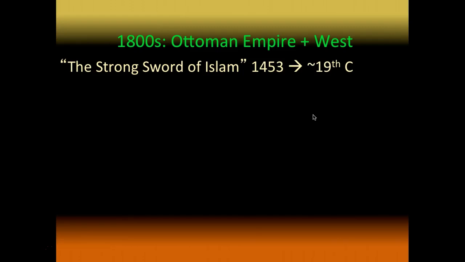When Mehmed II conquered Constantinople, he changed the name to Istanbul to show his significant power over the former Christian stronghold. And towards 1750 and up until the 1800s, the Ottoman Empire was the great power of the Islamic world. There were a series of military successes against Europe, and many viewed the Ottomans as the great defender of Islam, of the Muslim world.